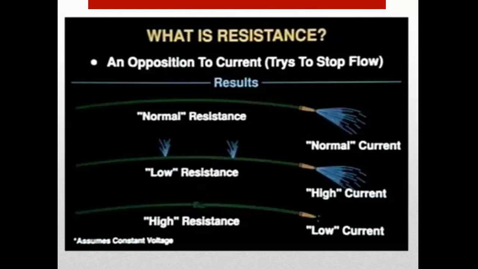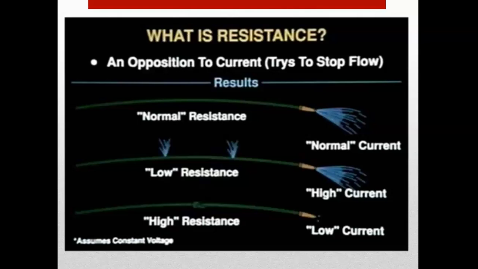When there's low resistance, the current is high. So with low resistance, nothing is trying to stop the flow, so that current is high. When there's high resistance, like a kink, the current is low because we've got a lot of force trying to stop the current.